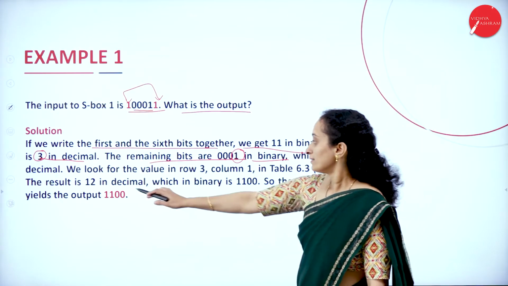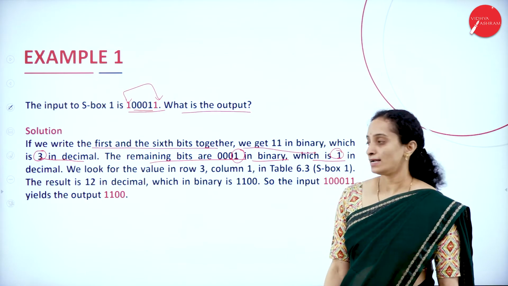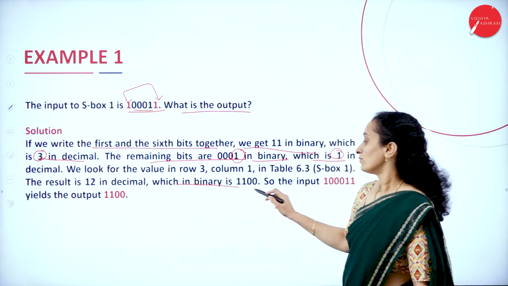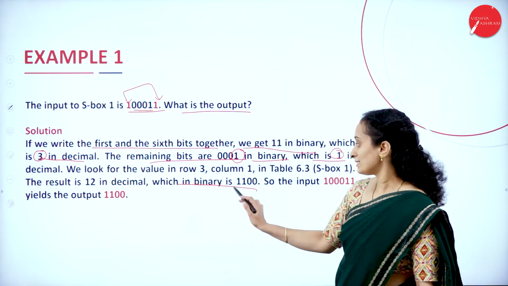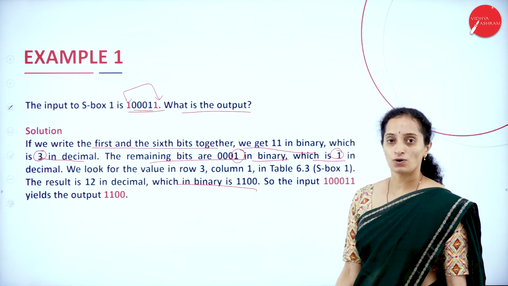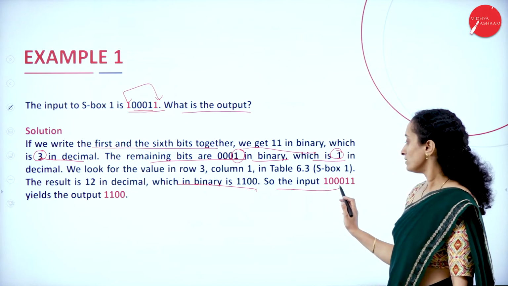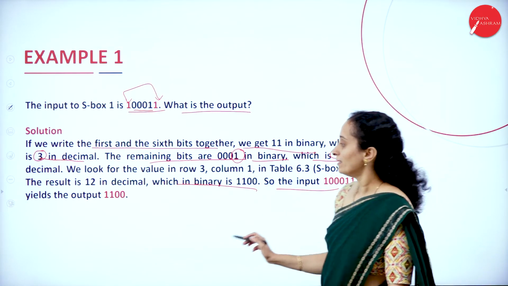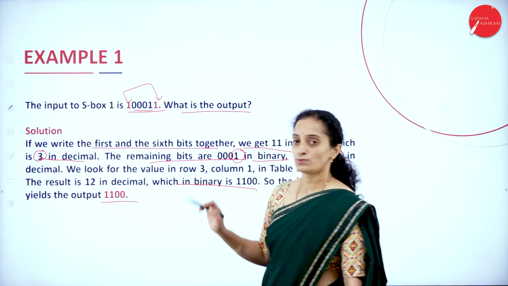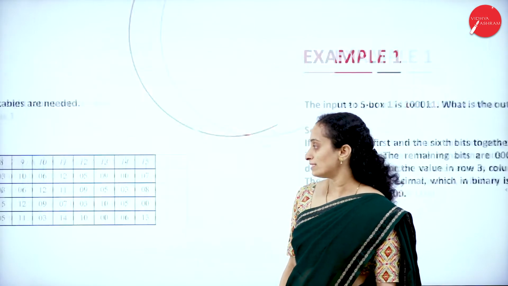The result is 12 in decimal, whose binary equivalent is 1100. So the input 100011 gets the output 1100.